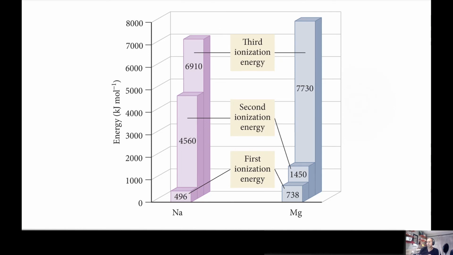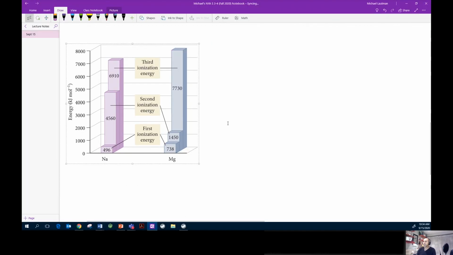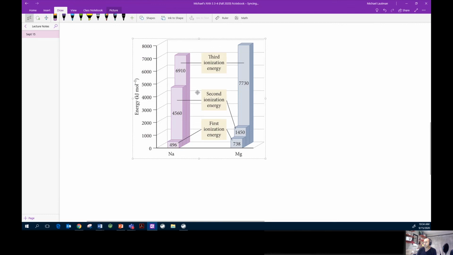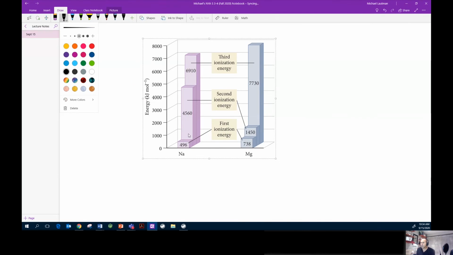So if we take the case of sodium and magnesium, which are adjacent to each other on the periodic table, it follows the basic pattern where the first ionization of sodium is easier than the first ionization of magnesium. But we see the way in which the ionization energies increase is not really equivalent.